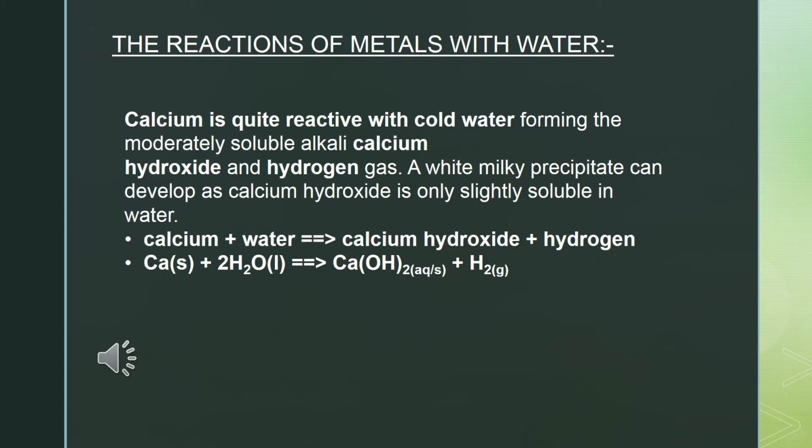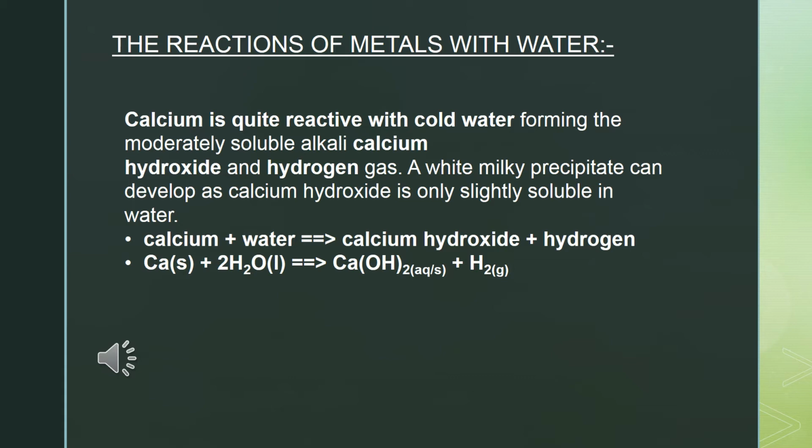Now remember that the substances which we write before the arrow are called the reactants, whereas the substances which we write right after the arrow on the right side are called the products. So in a chemical reaction, the products are formed when the reactants react together.